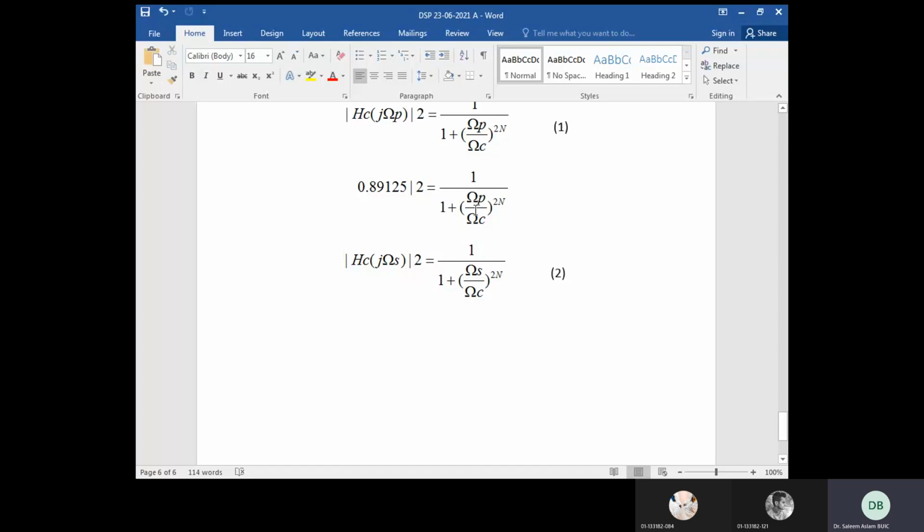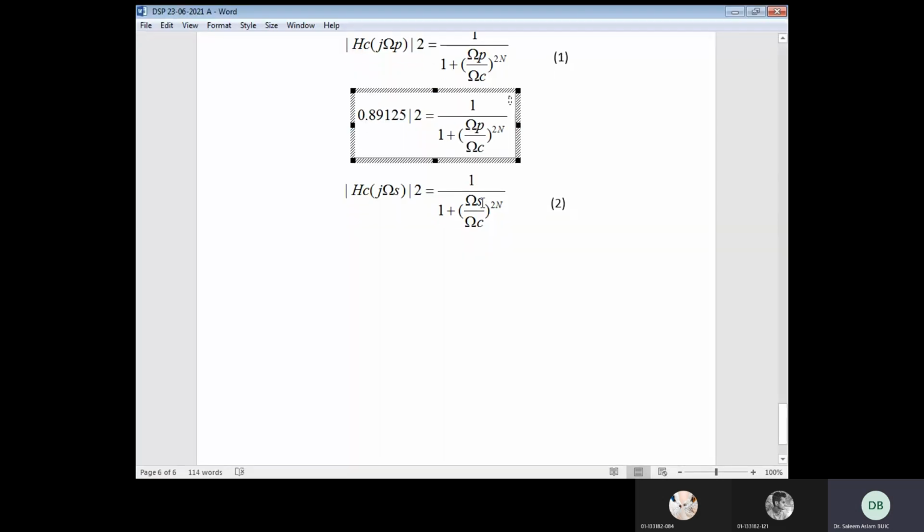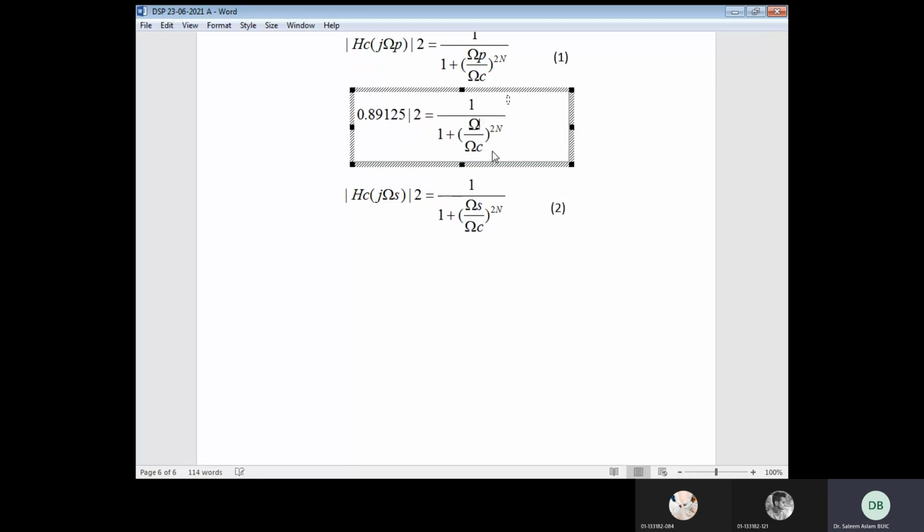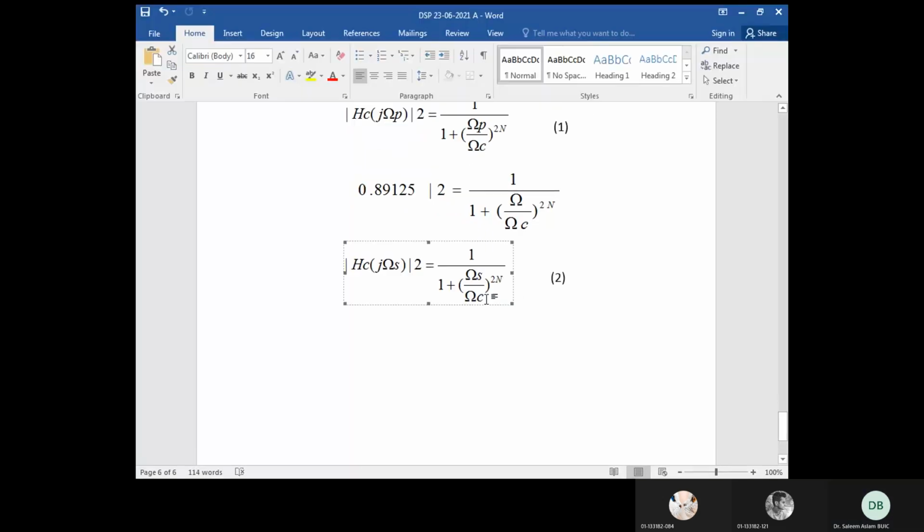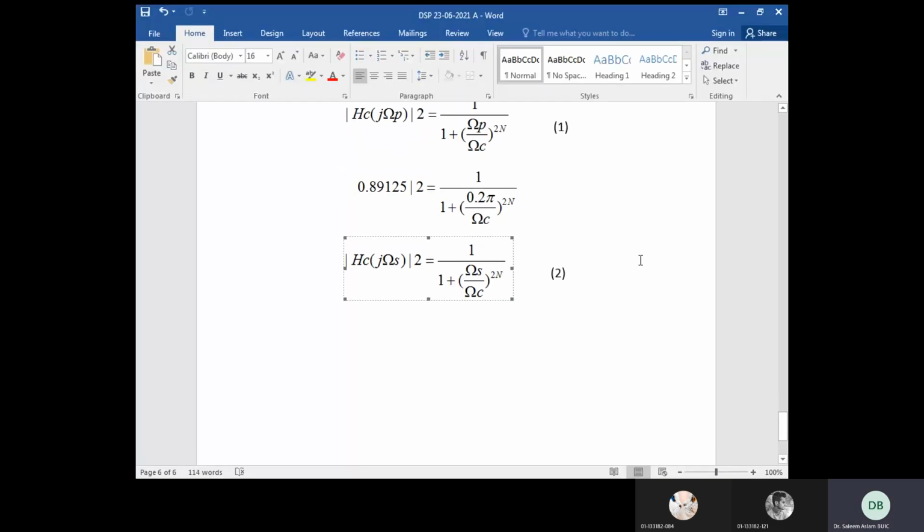Right? And here I can replace omega pass. If you remember, I can replace this with what value? 1? 0.2 pi. Yes, that's the right answer. 0.2 pi. ठीक है बेटा?